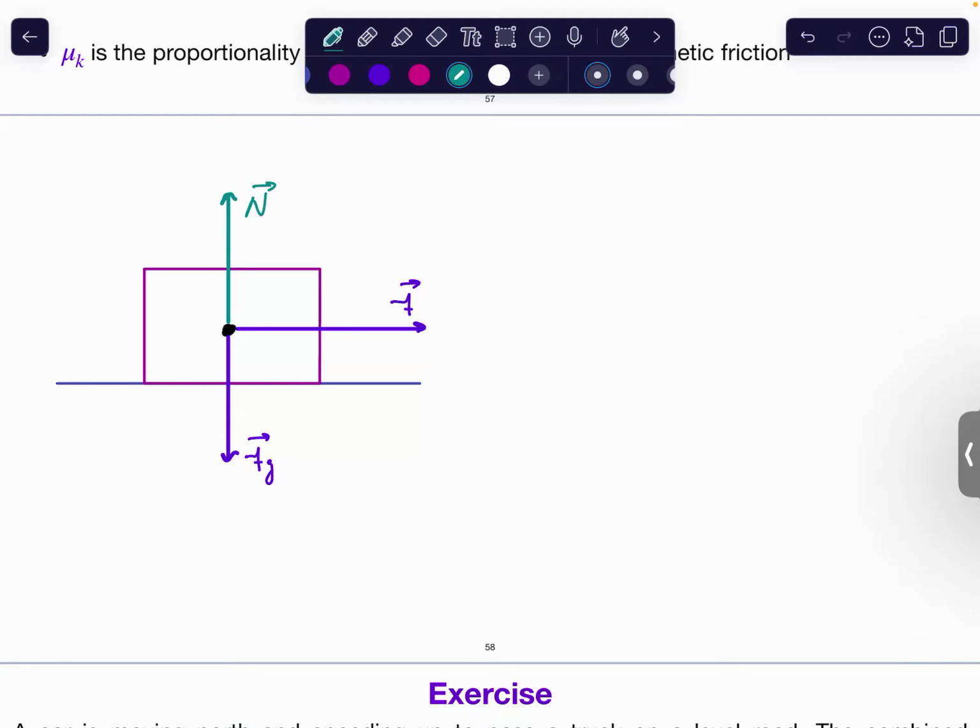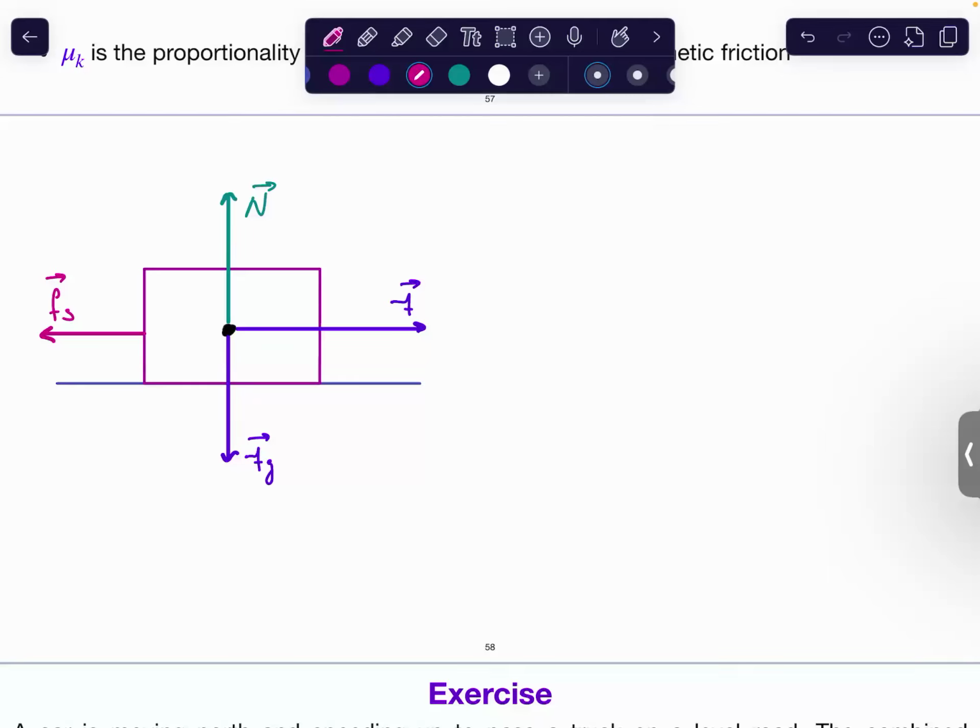However, we have a friction force. And again, I draw them this way. You can draw your friction force all the way over to the center of mass. That'll be fine.